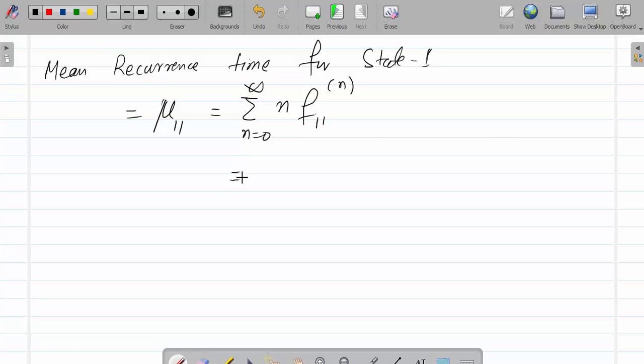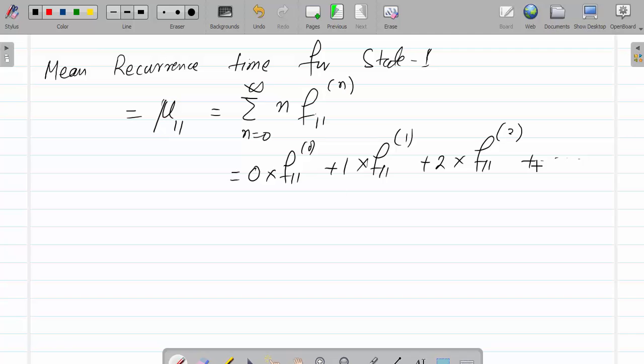So this will be equal to 0 into f11(0) plus 1 into f11(1), 2 into f11(2) plus so on.